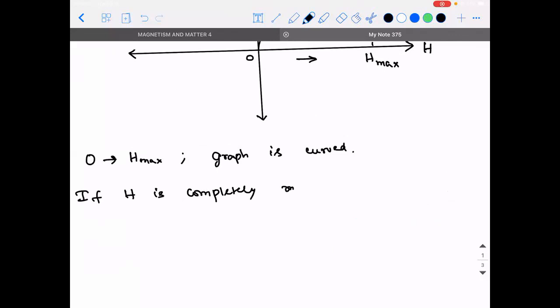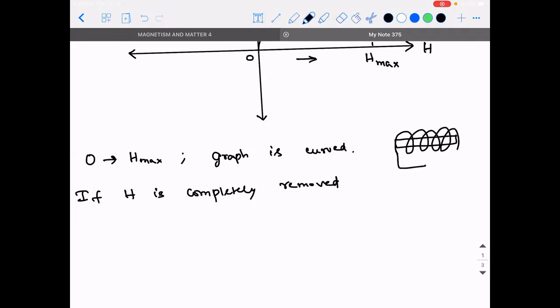So what is the meaning of completely removed? If H is completely removed, means, let's say, you placed it in the presence of an external magnet like this. Let's do it like this. You have a rod like this around which there is a coil.